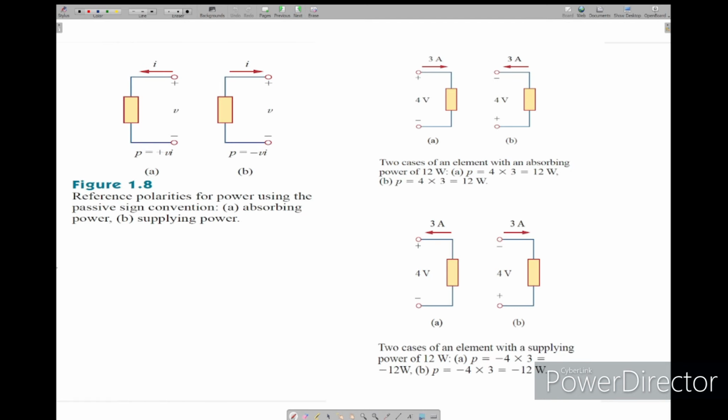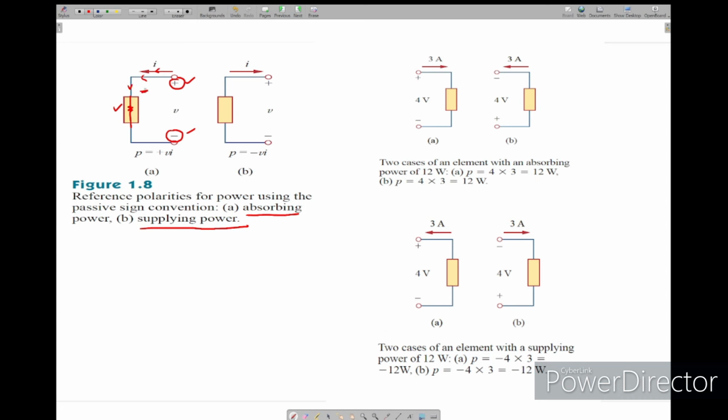While solving problems in network theory, we will see mainly two quantities, one is absorbing power, one is supplying power. What does that mean? If you take one element here, I will take one resistor, this is a passive element, and the polarity of the voltage across it is positive, negative, and the direction of the current is in this direction.